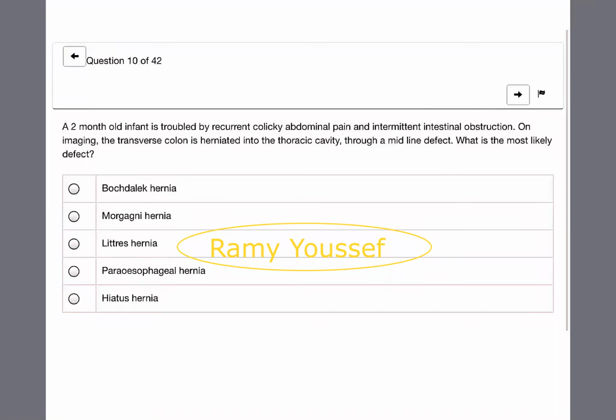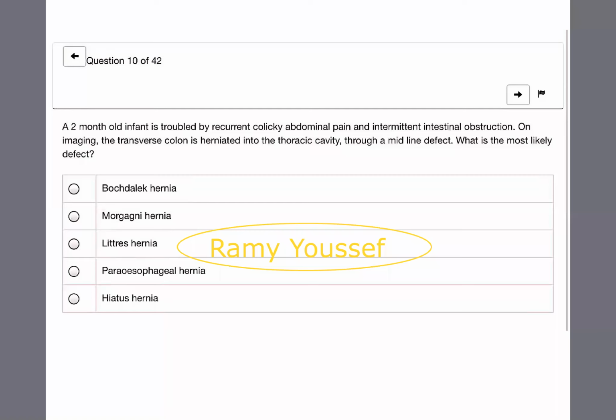A 2-month-old infant is troubled by recurrent colicky abdominal pain and intermittent intestinal obstruction. On imaging, the transverse colon is herniated into the thoracic cavity through a midline defect. What is the most likely defect?